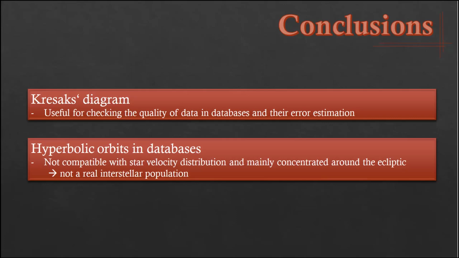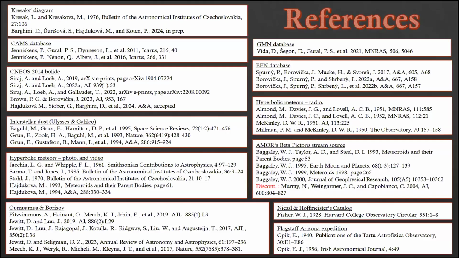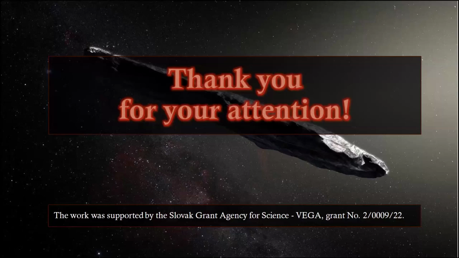But in most databases, it is not possible to actually identify the interstellar population, and we cannot see that there is any real bigger population in these databases. So, just my references. Thank you very much.